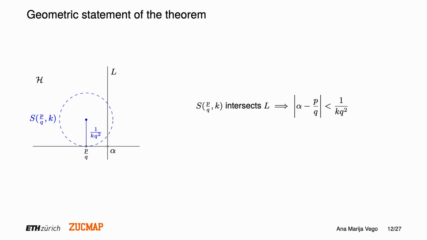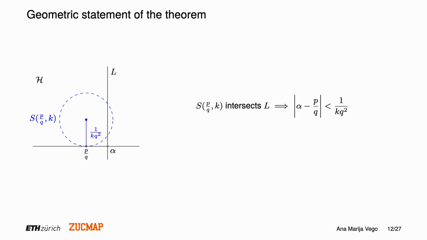So we just draw a straight line, and then we consider rational points p over q, and at each rational point we draw a circle which is tangent to the x-axis at one point, namely p over q, and has radius 1 over k times q squared.